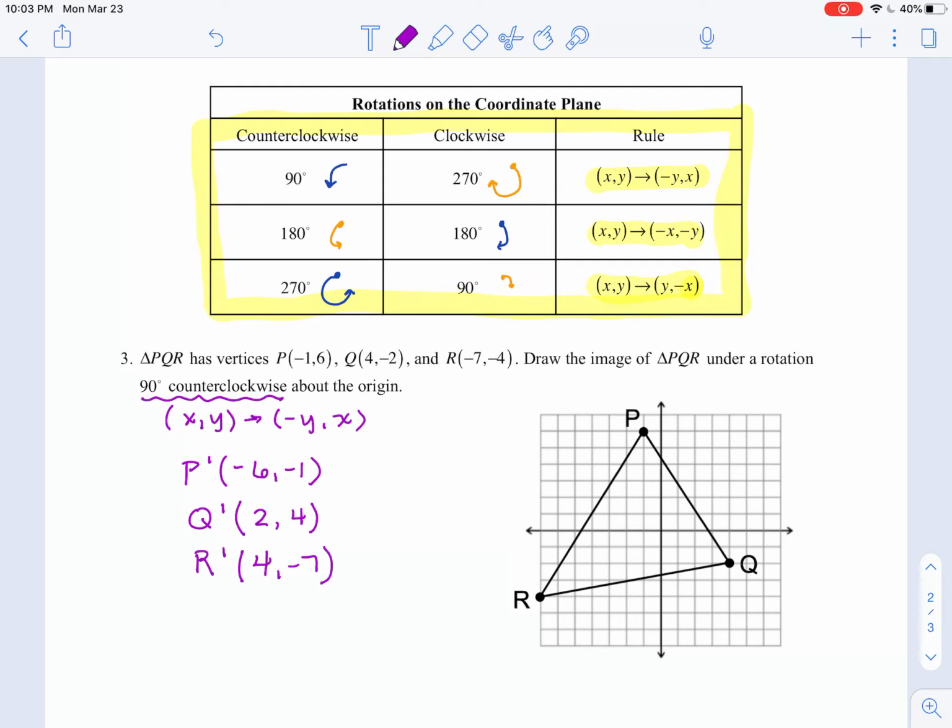For each of these questions, you should write out the coordinates and then plot your image on the coordinate plane. So now if we graph triangle P prime, Q prime, R prime, it should look like this.